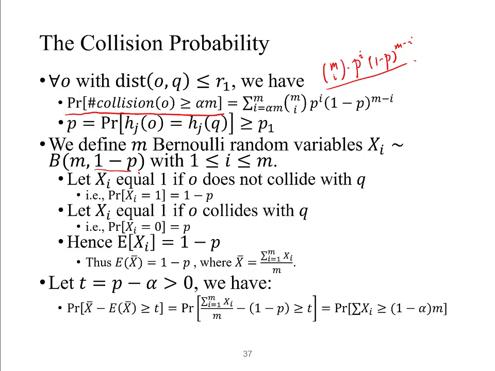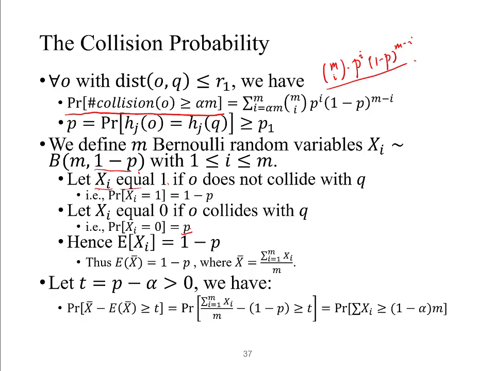We let X_i equal 1 if O does not collide with Q. It is a success for X_i, not a success for O. So the probability is 1 minus p. And X_i equals 0 if O collides with Q, where the probability is p.